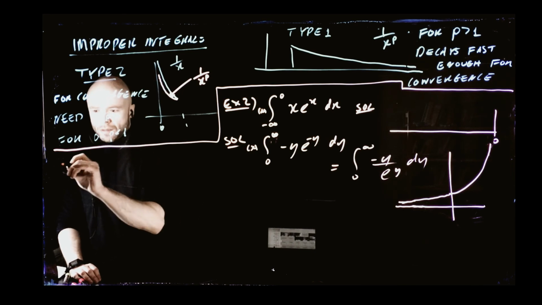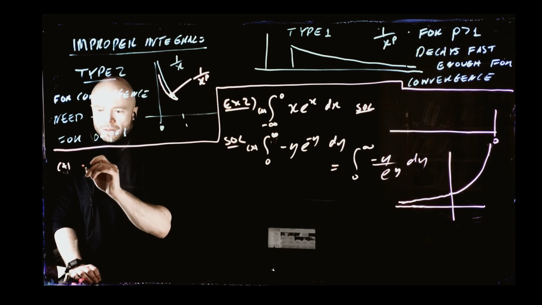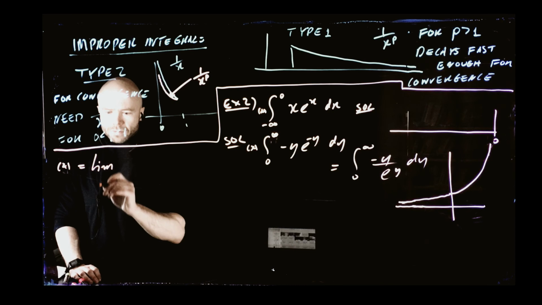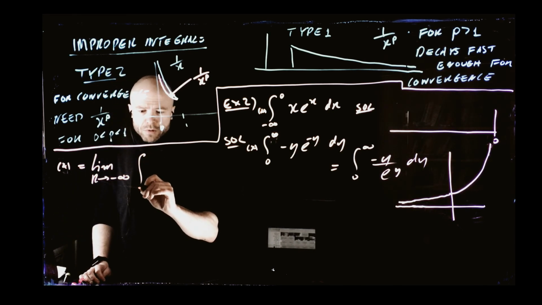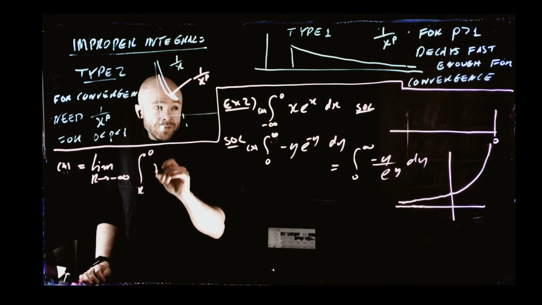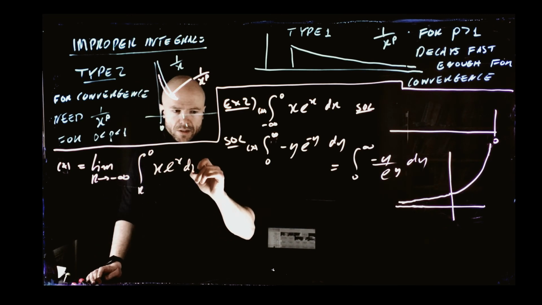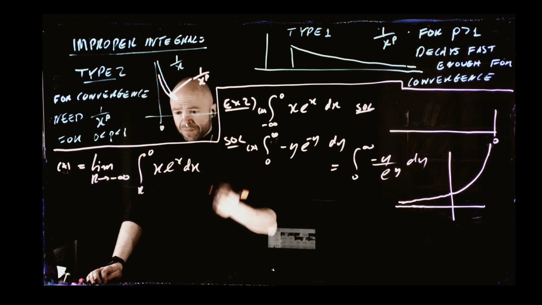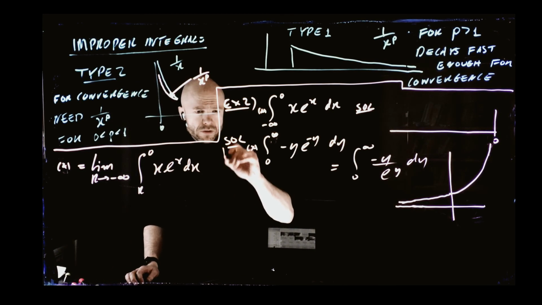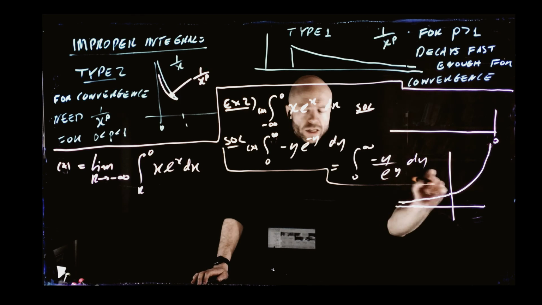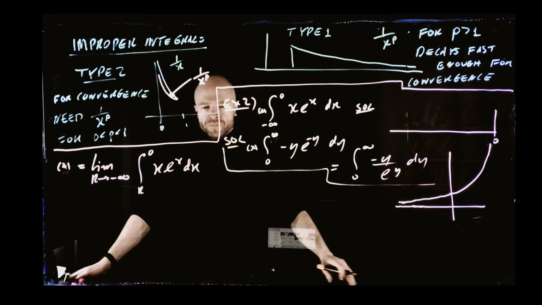So star is equal to the limit as r goes to negative infinity of the integral from r to 0, x e to the x dx, like this, right? And what's the natural method to try and understand this? What technique would we use to calculate this?